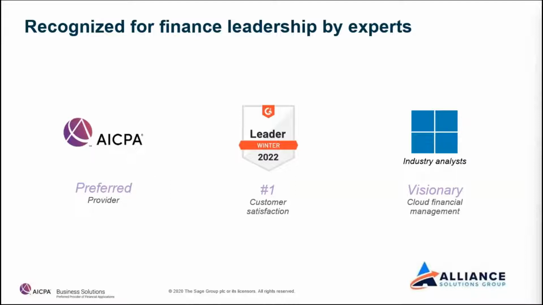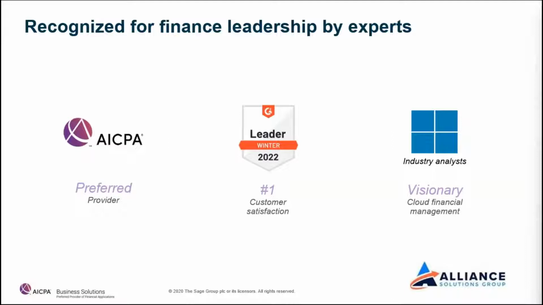Are you going through audits? Anything along those lines, that preferred provider stamp is significant. The other one right here, the G2 leader, we are consistently winning that award for customer satisfaction. That is actual people using the software saying they are happy with it. So anybody that's been out there before understands how important that is.